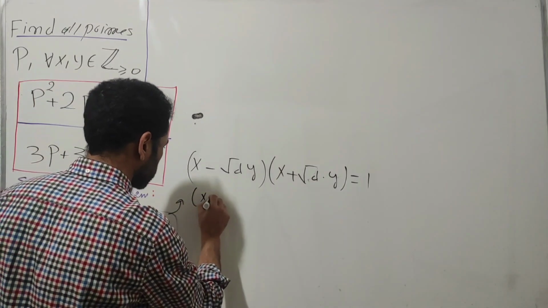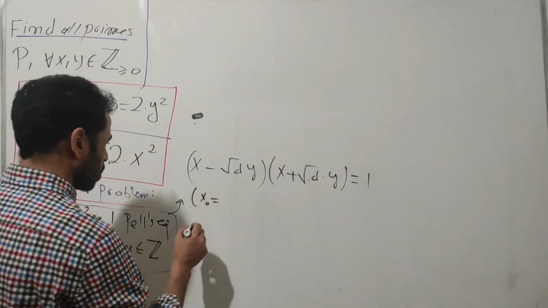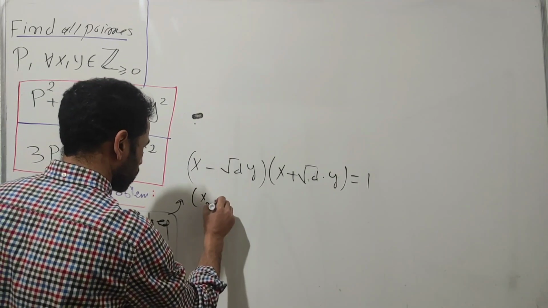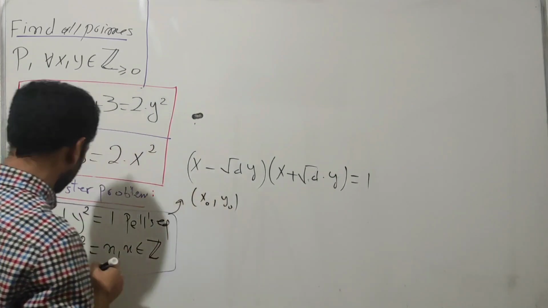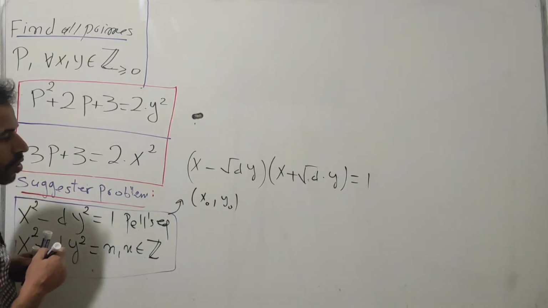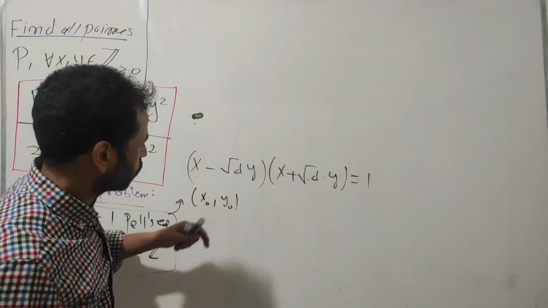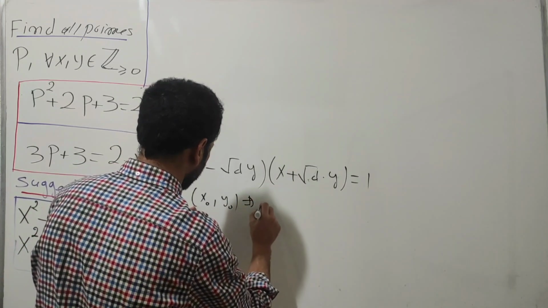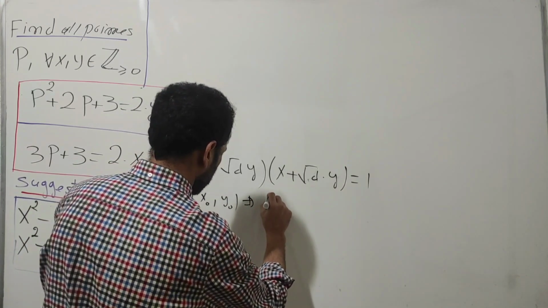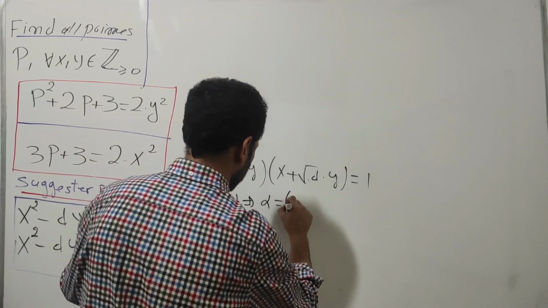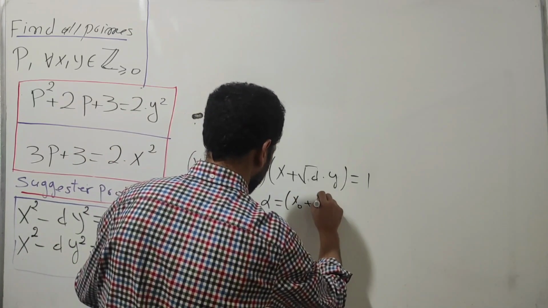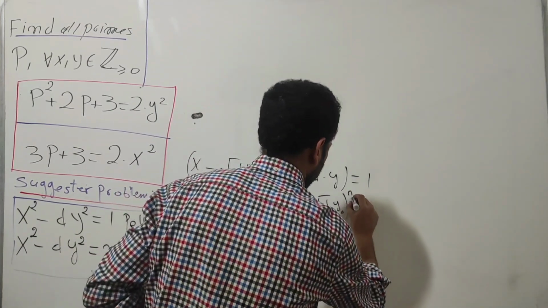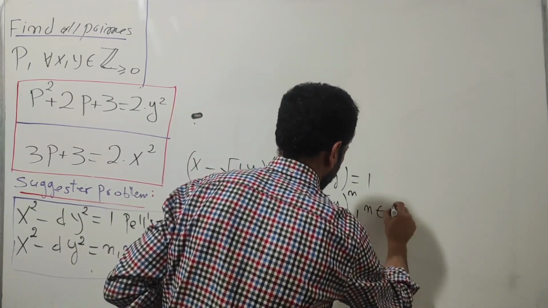Let's call the small solution x0 and y0. The general solution is alpha equals x0 plus square root of d y0, all raised to the exponent n, where n is an integer.